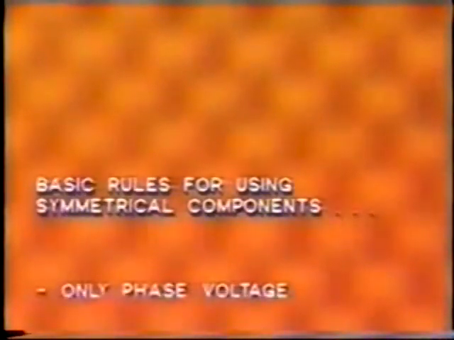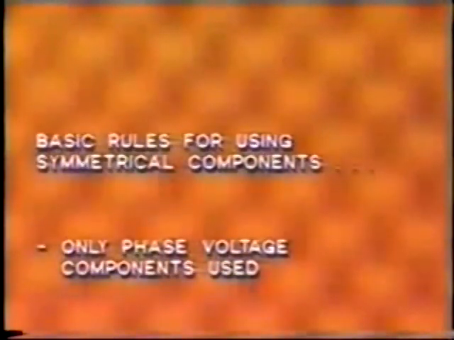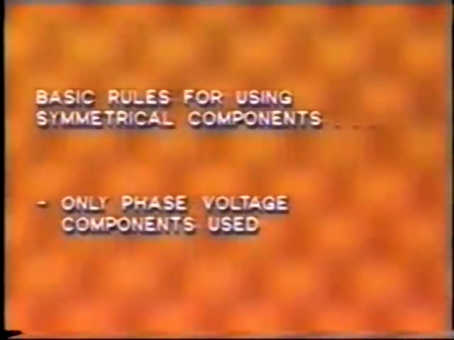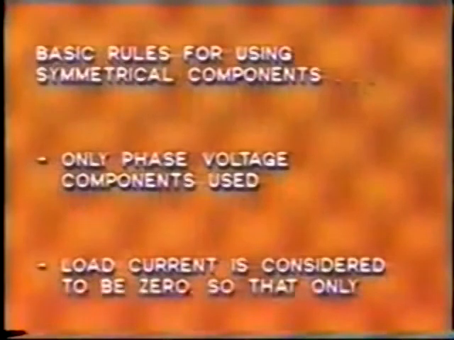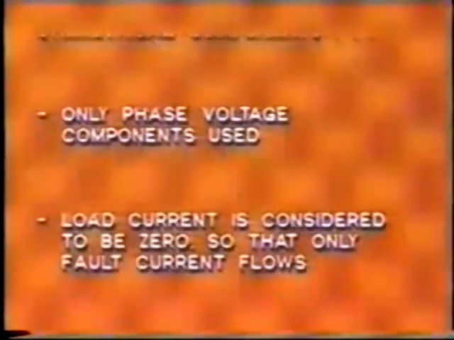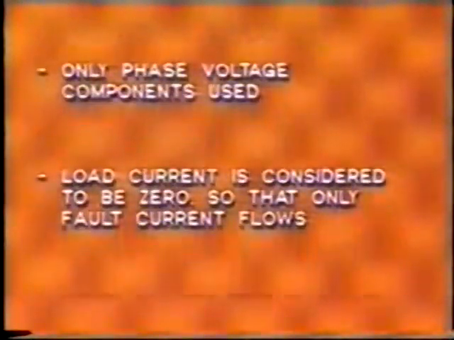In fact, any unbalanced system of currents and voltage can be represented by a combination of positive, negative, and zero-sequence components. There are several basic rules we should remember in connection with this method. Only phase voltage components are used. The load current is considered to be zero, so that only fault current flows.